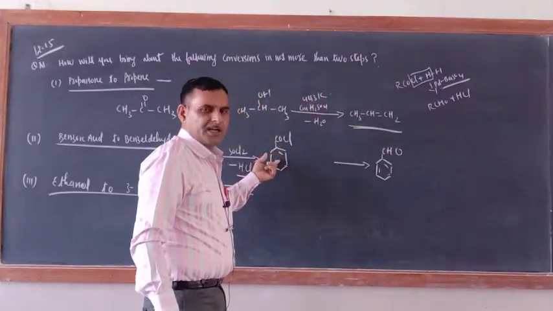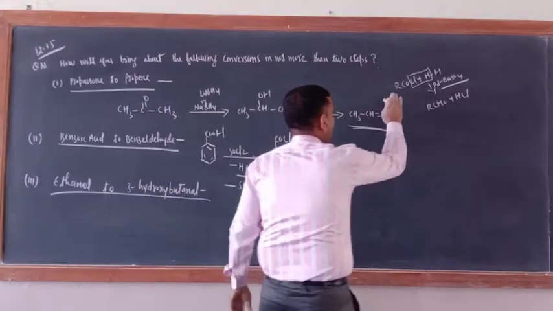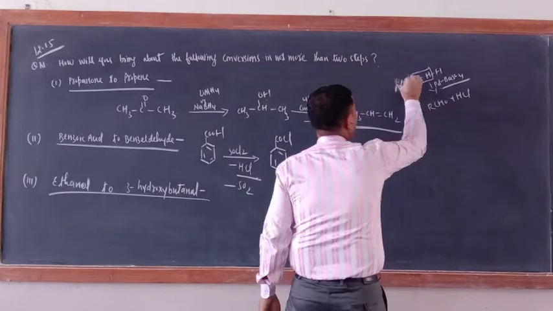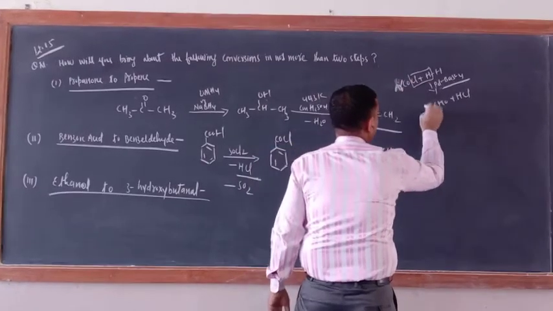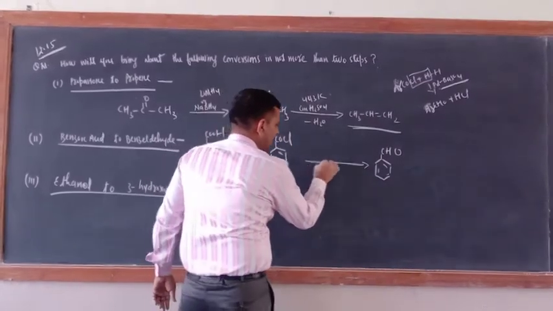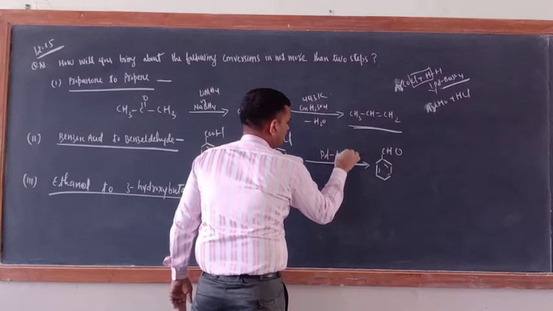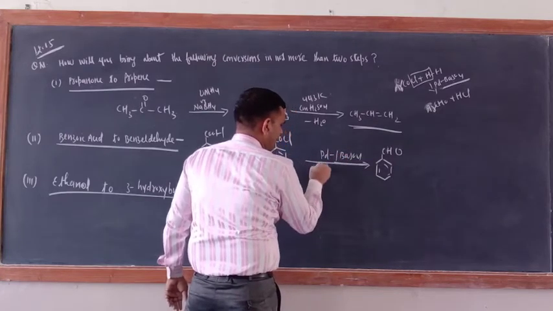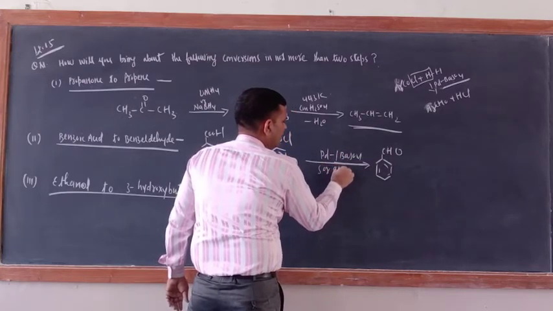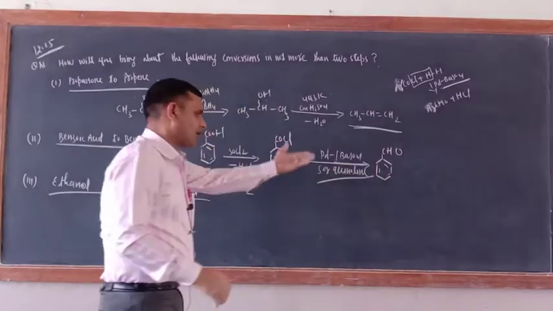This is aromatic acid chloride, but method would be same only. Where you have written R, write Ar. So here what would be there? ArCHO. So only the thing is you have to write here Pd/BaSO4, sulfur quinoline. Yes, you have got benzaldehyde.